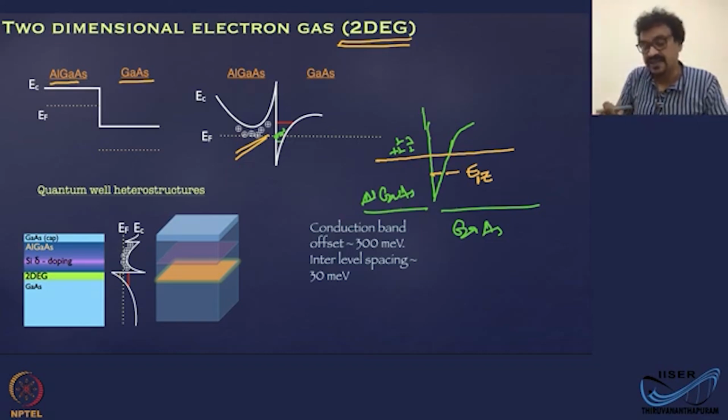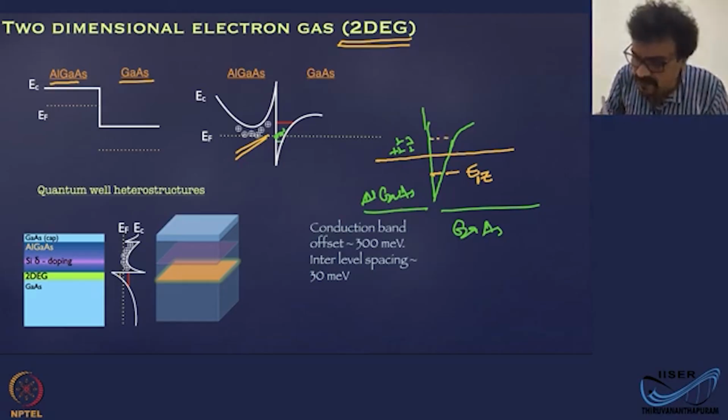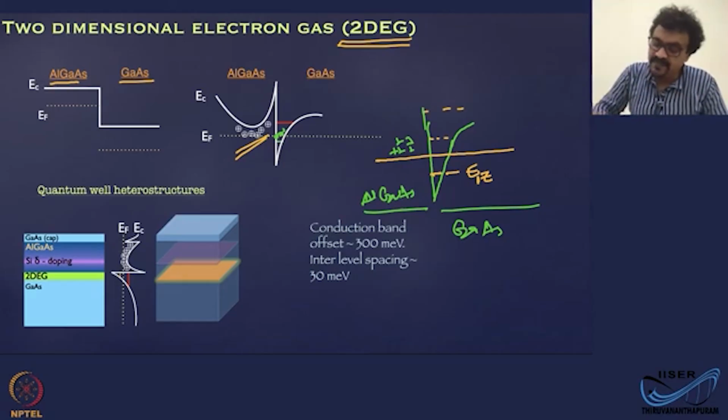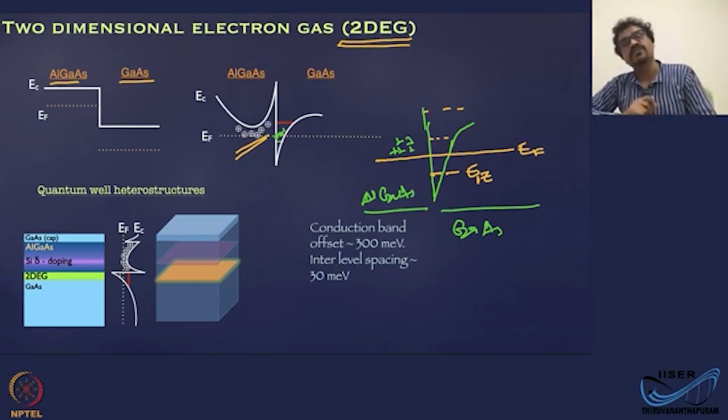Because in the Z direction the well is so thin, the next level comes much above, because we also learned that when the dimension is so small, the next level is further up. The next level is somewhere here, but the Fermi level is here, so that level is not accessible, it's not populated.